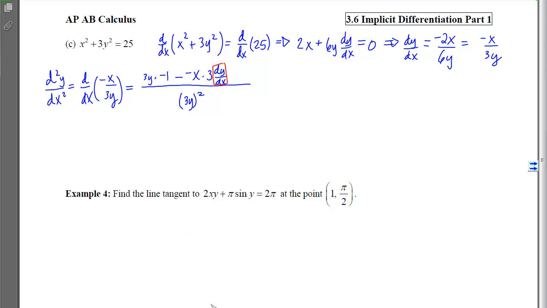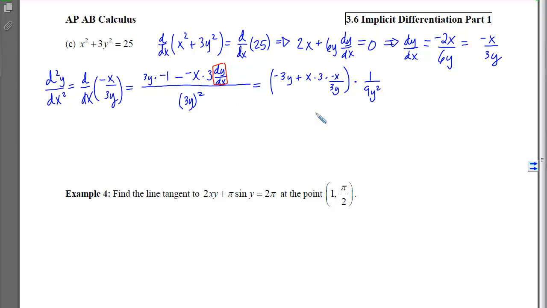So now if I continue, I will get a negative 3y plus an x times a 3 times this negative x over 3y, and that's all divided by a 3y squared. So instead of dividing by a 3y squared, I'm going to multiply by a 1 over that 3y squared, which is a 9y squared.